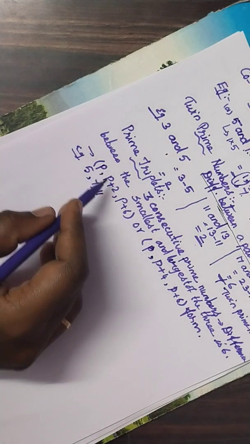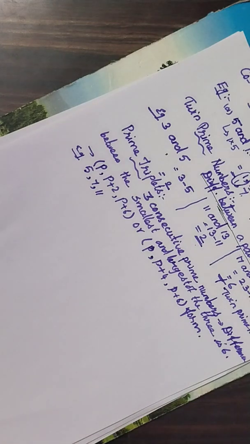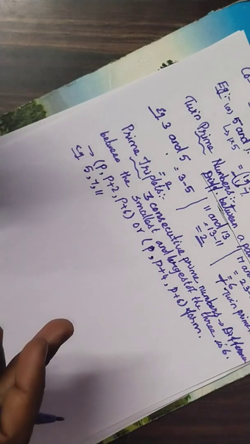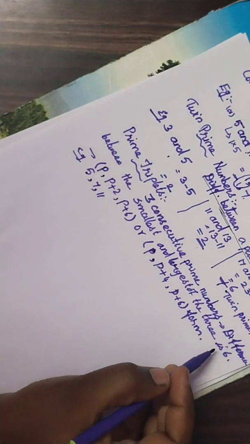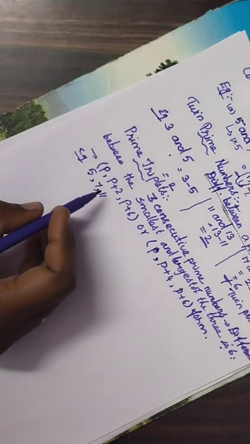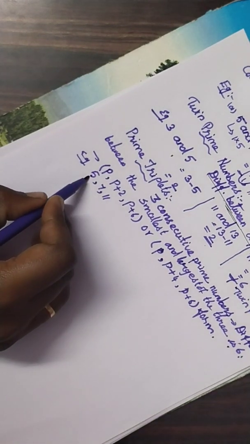The difference between the smallest and largest of the three is 6. Smallest number and largest number: the difference between smallest and largest is 6. Here the smallest number is 5.